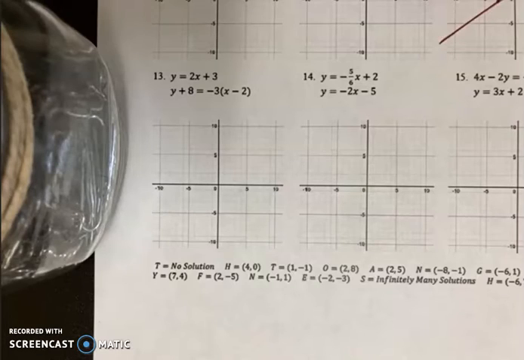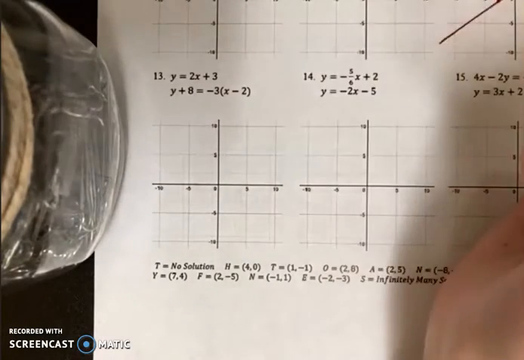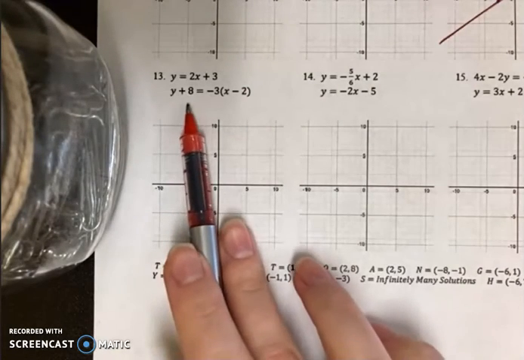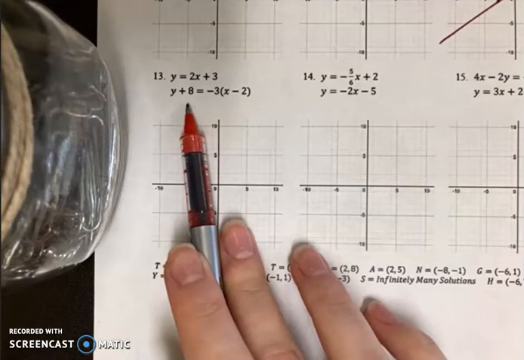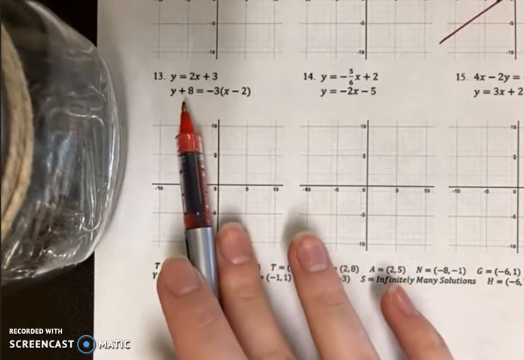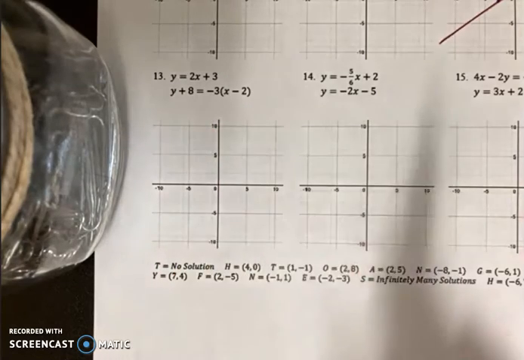Let's do number 13. 13, we have our first equation, which is in slope-intercept form, but our second equation is not. So what we're going to have to do is get it in that form. I just feel like that's the easiest way. If you know your different rules, so we have slope-intercept, and we have point-slope, which is what this is, you'd be able to graph it that way, which is fine.